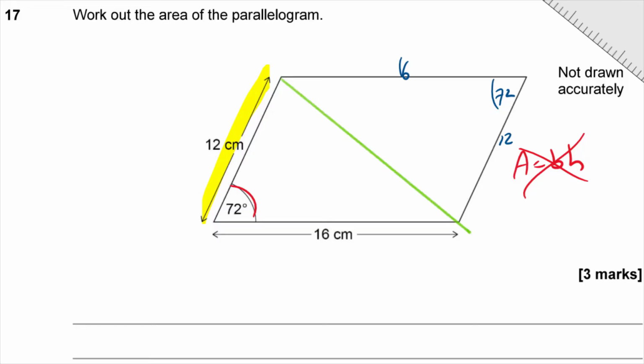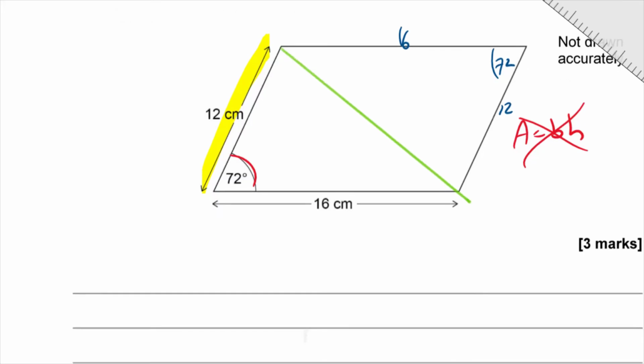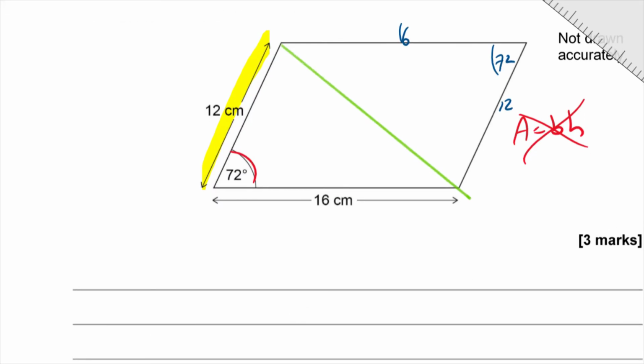So I've actually got 2 congruent triangles here, aren't there? They're both exactly the same shape and size. So if I can find the area of one of these triangles and double it, I'll get the area of the parallelogram.